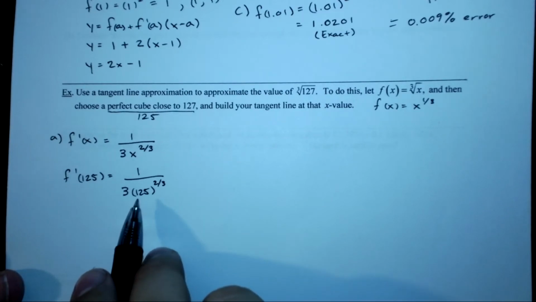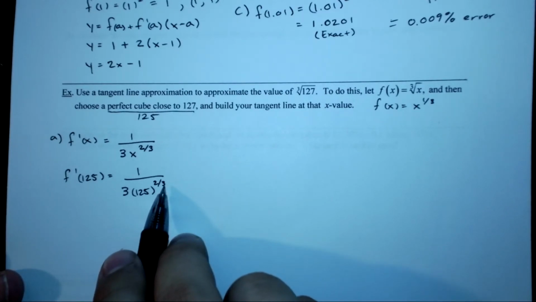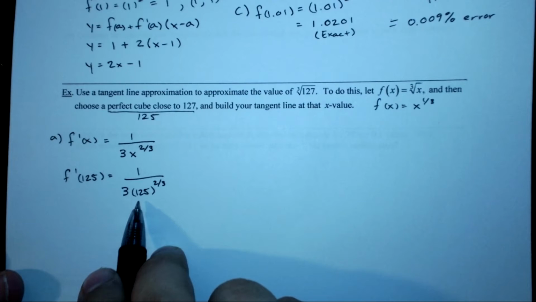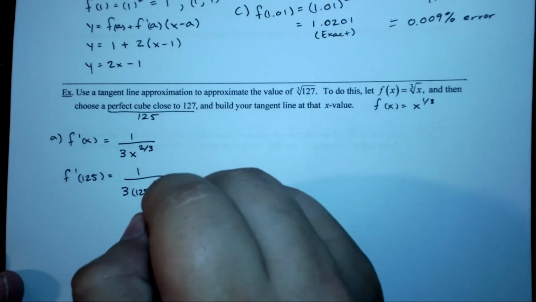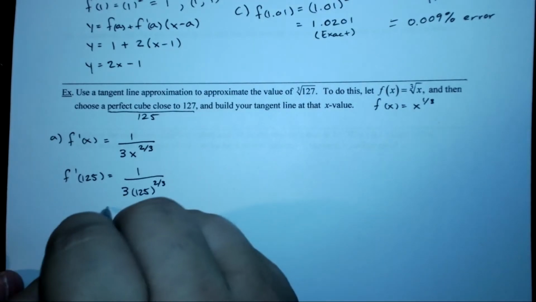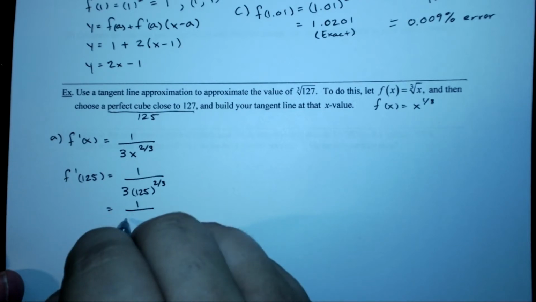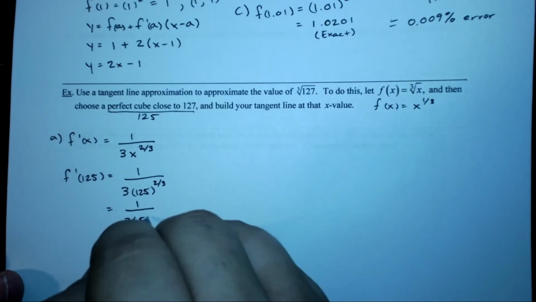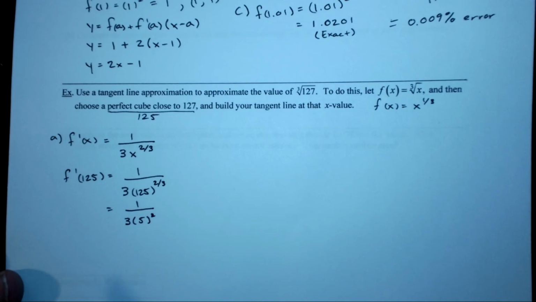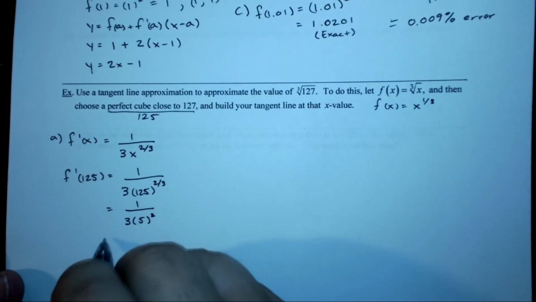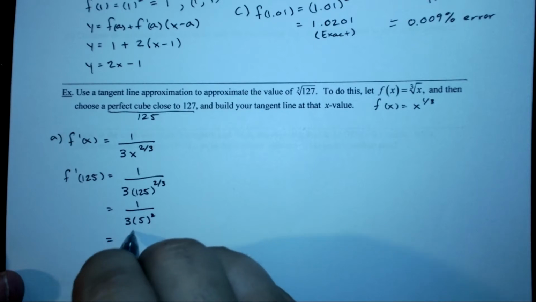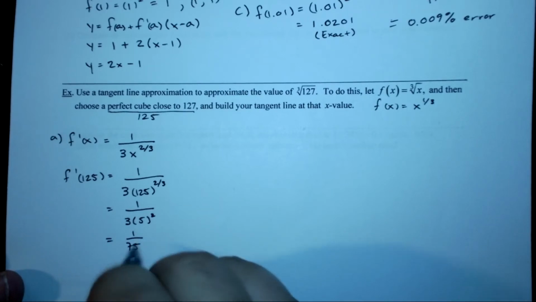So the easiest one to do here is to take the cube root first. So the cube root of 125 is 5. So this is equal to 1 over 3 times 5 squared. 5 squared is 25 times 3 is 75. So this is equal to 1 over 75.